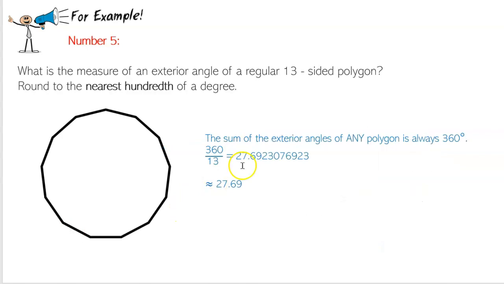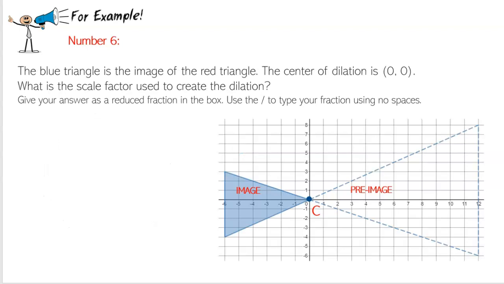So you're just going to use this equation, 360 divided by the number of sides, and that is 27.692. My answer would be 27.69. So again, you're going to take 360 divided by your number of sides, a simple formula for number 5.